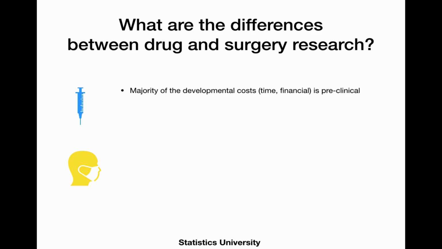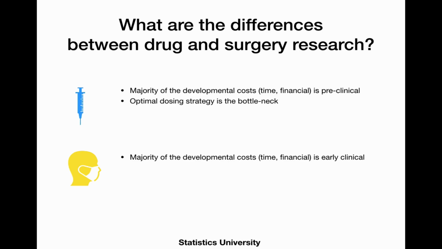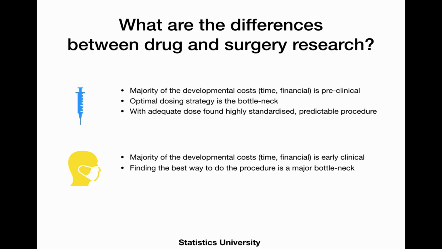Now, in drug research, the majority of the developmental costs, like time and finance, is preclinical, whereas in surgical or intervention research, the majority of the developmental costs is early clinical. Now, in drug research, the optimal dosing strategy is the bottleneck, whereas finding the best way to do the procedure is the major bottleneck in surgical research.